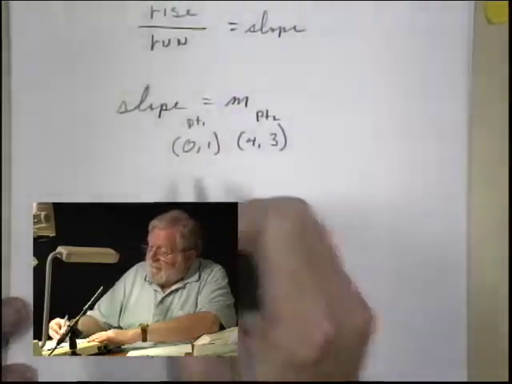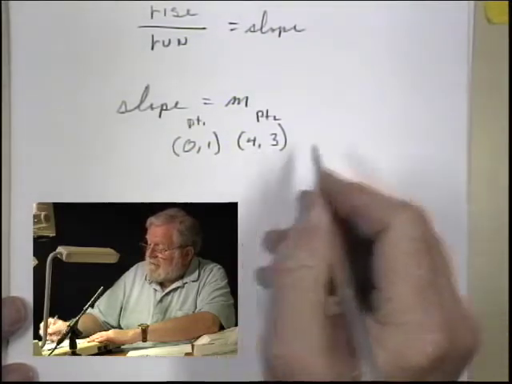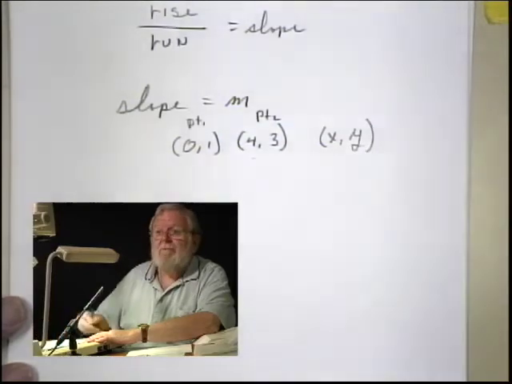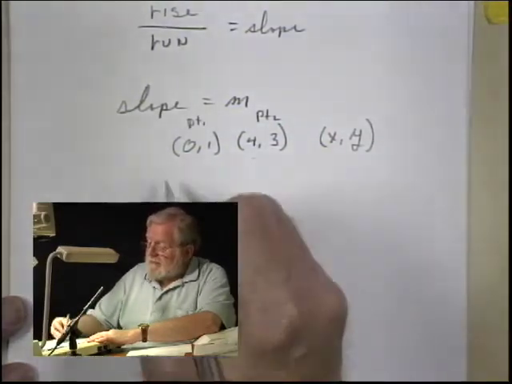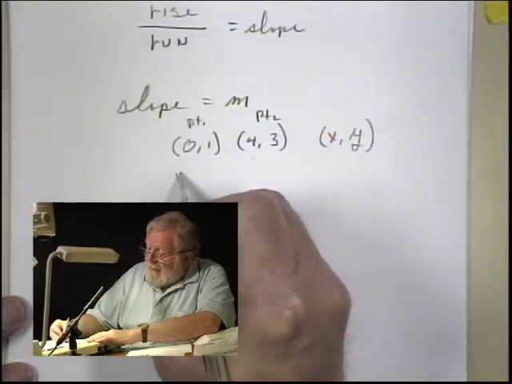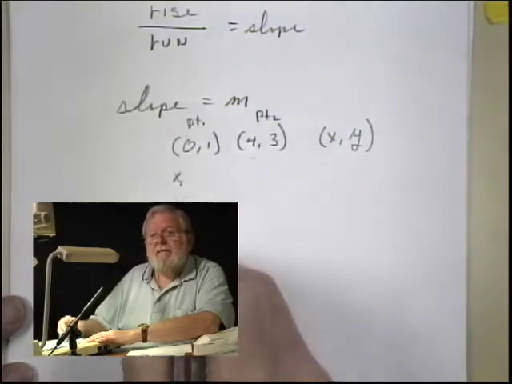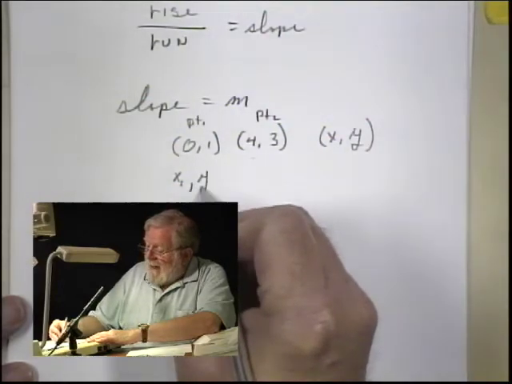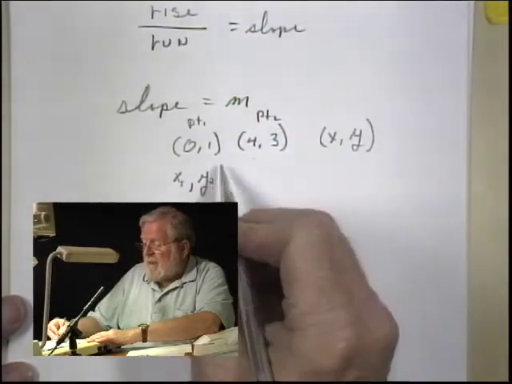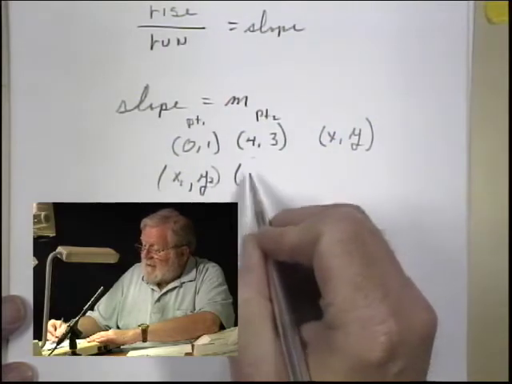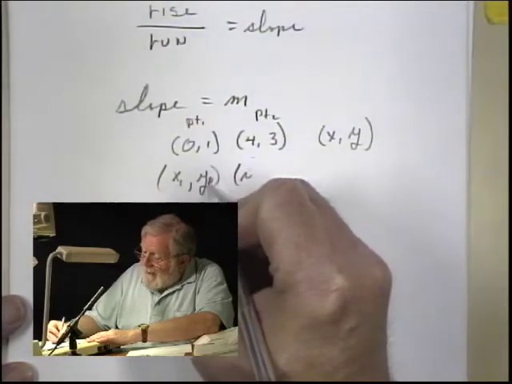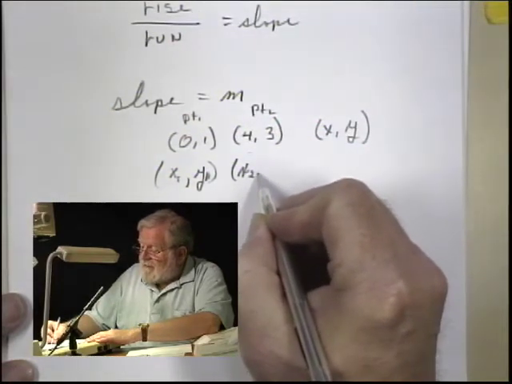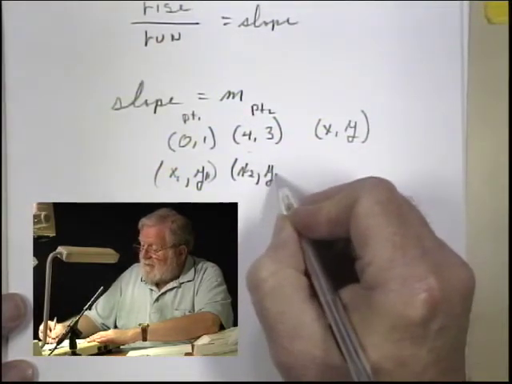Remember, this is an ordered pair, so this is our x value followed by our y value. We could call this x sub 1, meaning the x for point 1, and y sub 1, the y for point 1, and x sub 2 and y sub 2 for point 2.